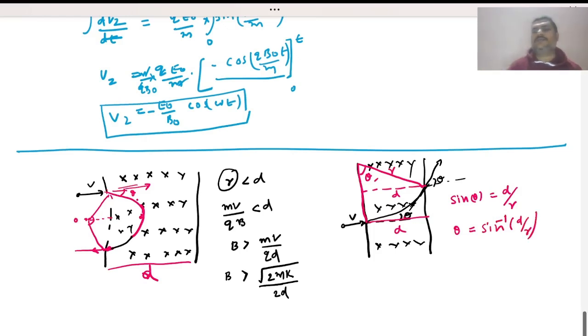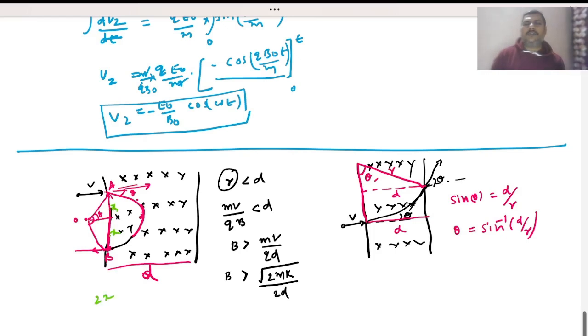There is one more thing. Sometimes you will be asked to find the distance between the entering and the leaving point. To find that, first you have to find the deviation angle theta, which is sin inverse d by r. Now the distance between these two points A and B is 2x, where x and x are the same.